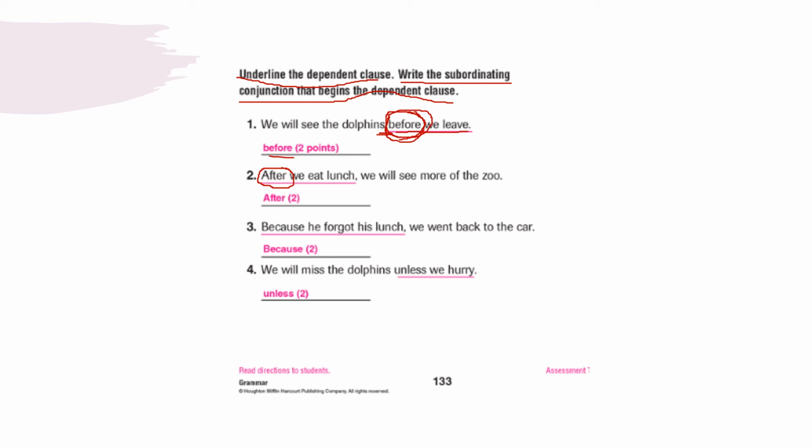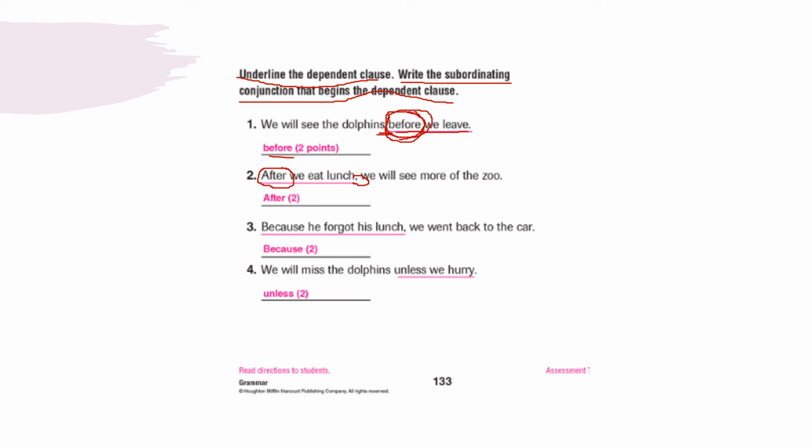That's why we need to put a comma here before we continue the sentence. So after we eat lunch, comma, we will see more of the zoo. All of this is a complex sentence. The first part is a dependent clause, and the second part is the independent clause.